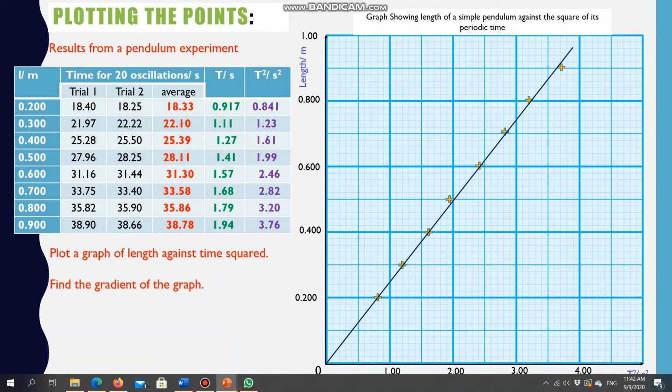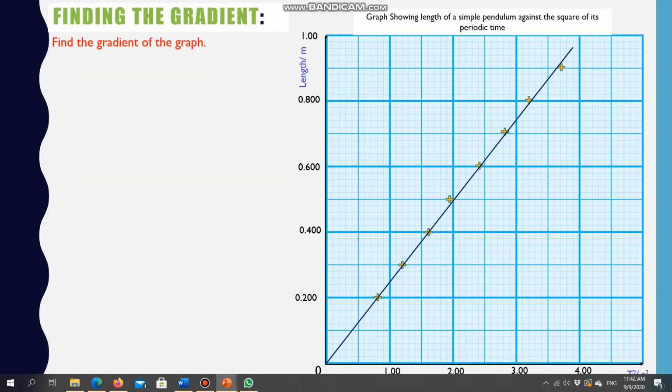Now the next thing for us to do is to find the gradient of the graph. Now the gradient is found from this equation where m represents the gradient. So we have y2 minus y1 divided by x2 minus x1. So firstly, we want to draw a triangle.